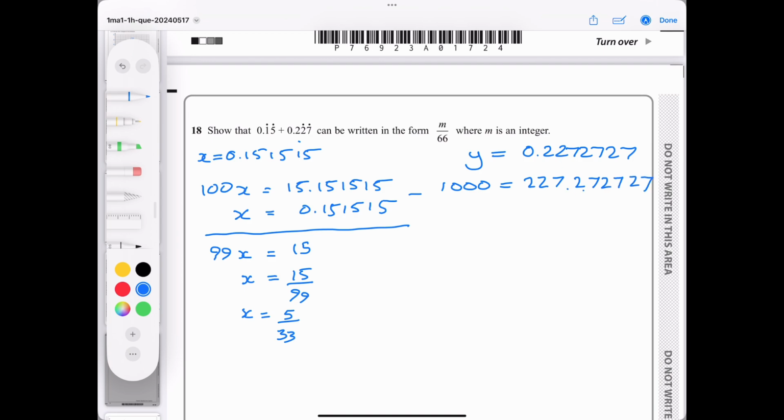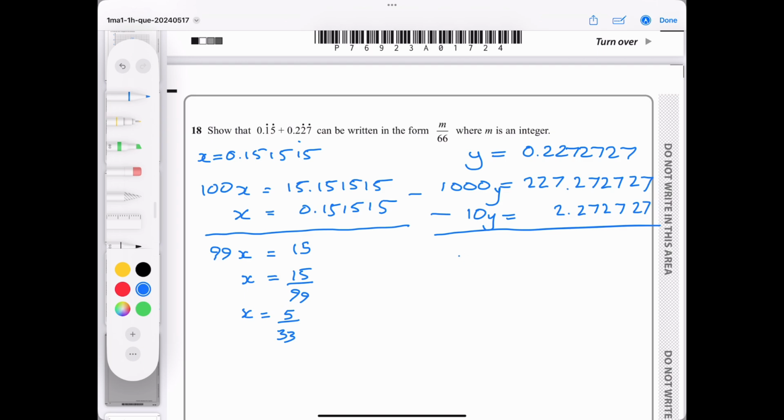I need my 2 sevens to line up. I'm also going to times it by 10. Oh, by the way, I'm going to call it 10y. If you times that by 10, it's 2.272727. Get the idea? Now I'm going to take those away.